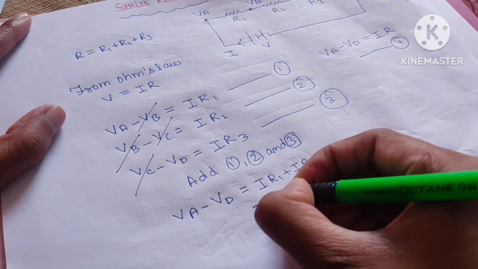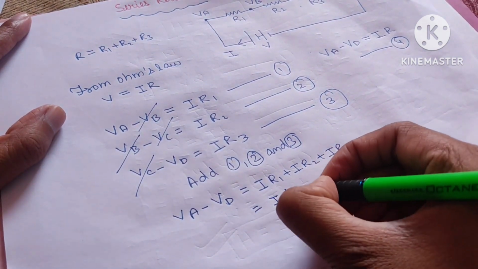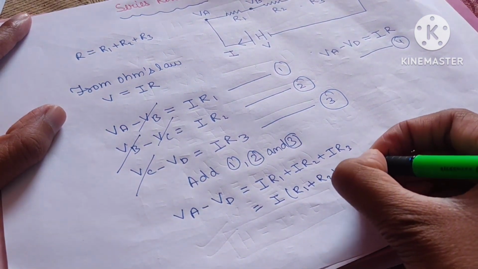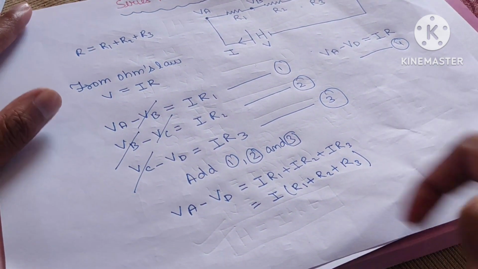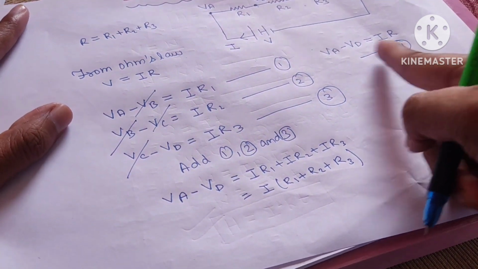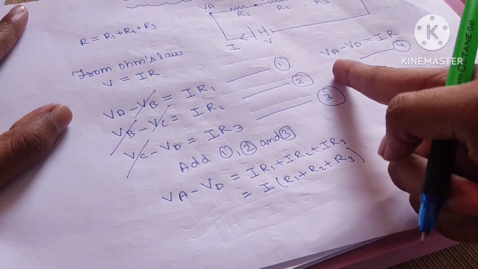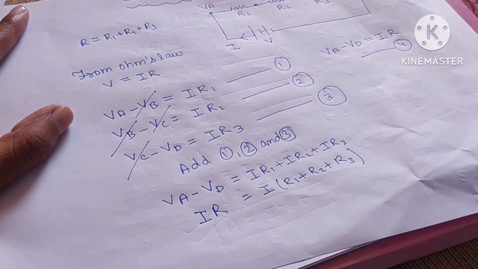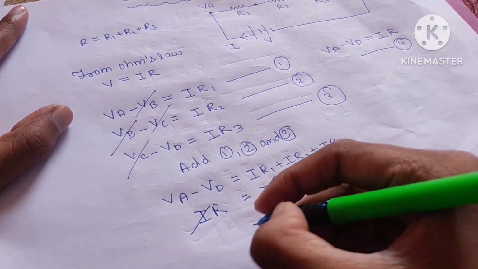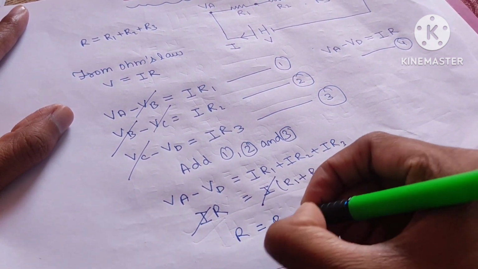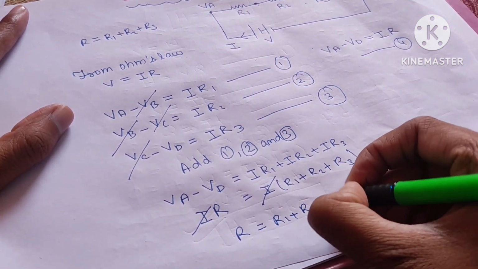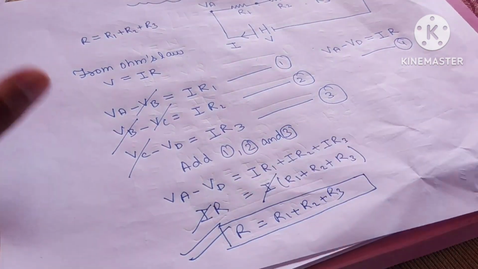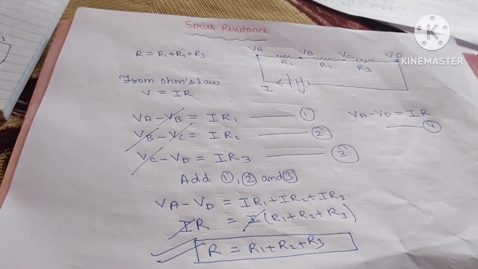So take I common, and R1, R2 and R3. And we know from equation 4 that VA to VD is equal to IR. So put IR here. So I will get cancelled, and R is equal to R1 plus R2 plus R3. So done. It's proved.